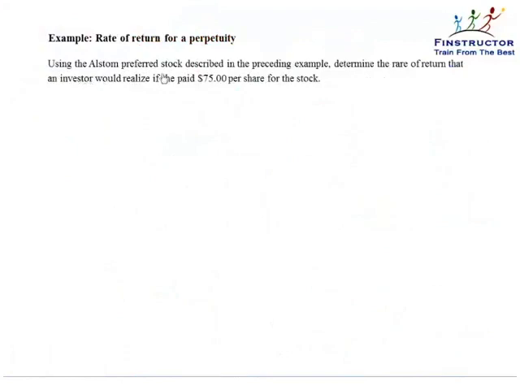Using the Alstom preferred stock described in the preceding example, determine the rate of return that an investor would realize if she paid $75 per share for the stock. In this question, the price is given to us and we are asked to compute the rate of return r that is implied in the share. Please recall what the cash flow was every year: $9.5.